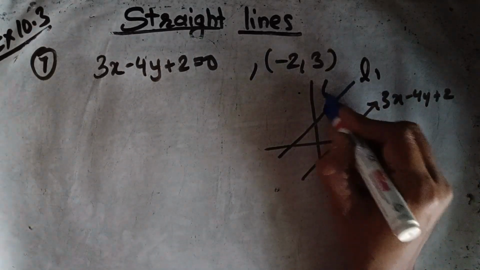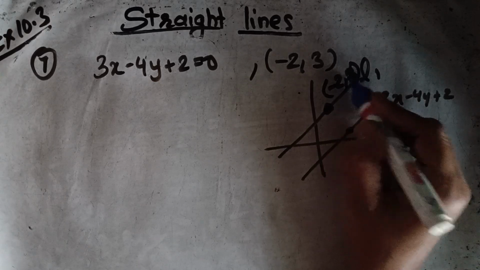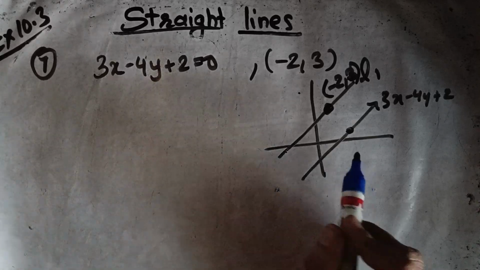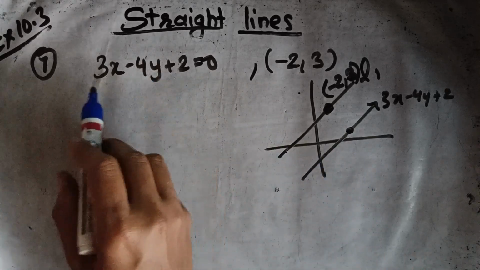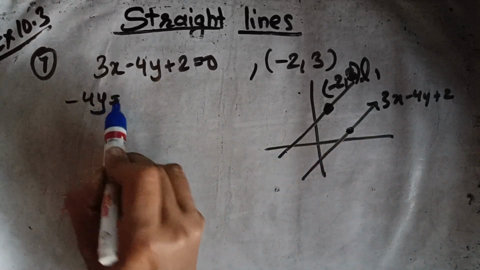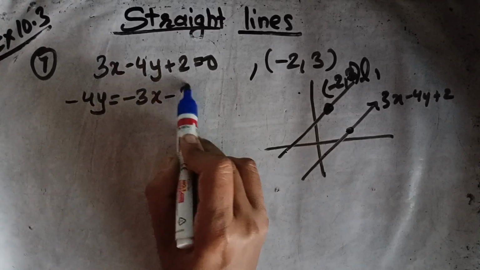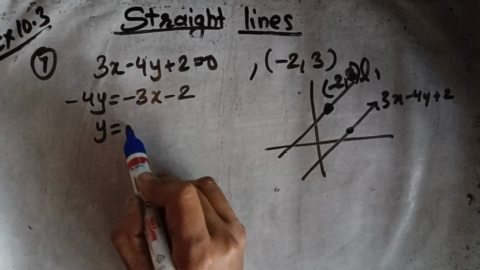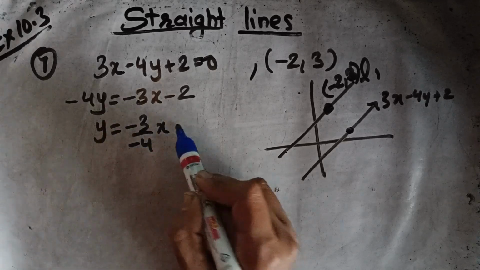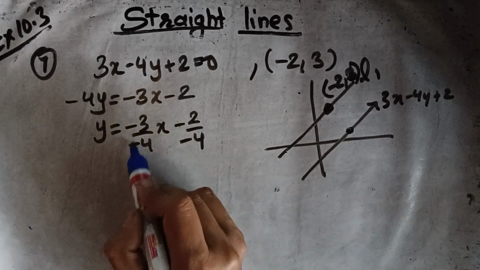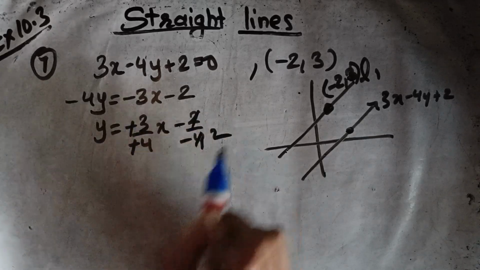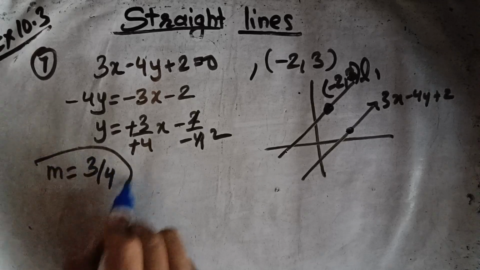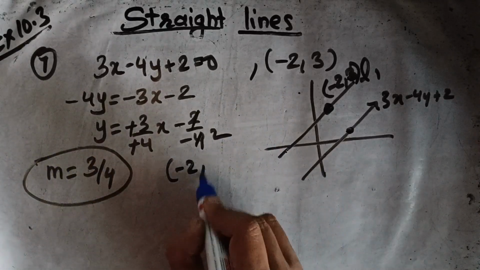This line is passing through minus 2 comma 3. So to write the equation of this line, we want slope. Slope we can find using this line. Okay. So minus 4y equal to minus 3x minus 2, y equal to minus 3 by minus 4, 2 by minus 4. So m is 3 by 4. Okay, we got the slope and we have the point.